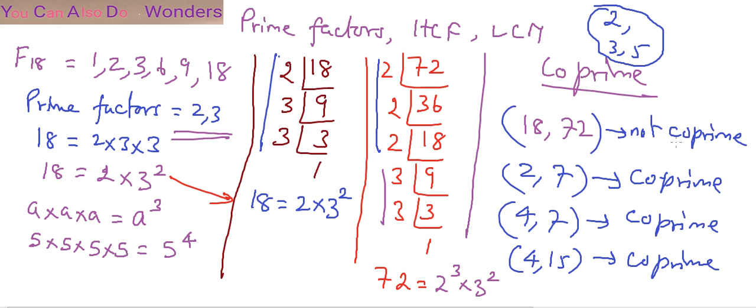It's a pair of numbers that don't have any common prime factor. Now let's see how to find HCF and LCM of two numbers.